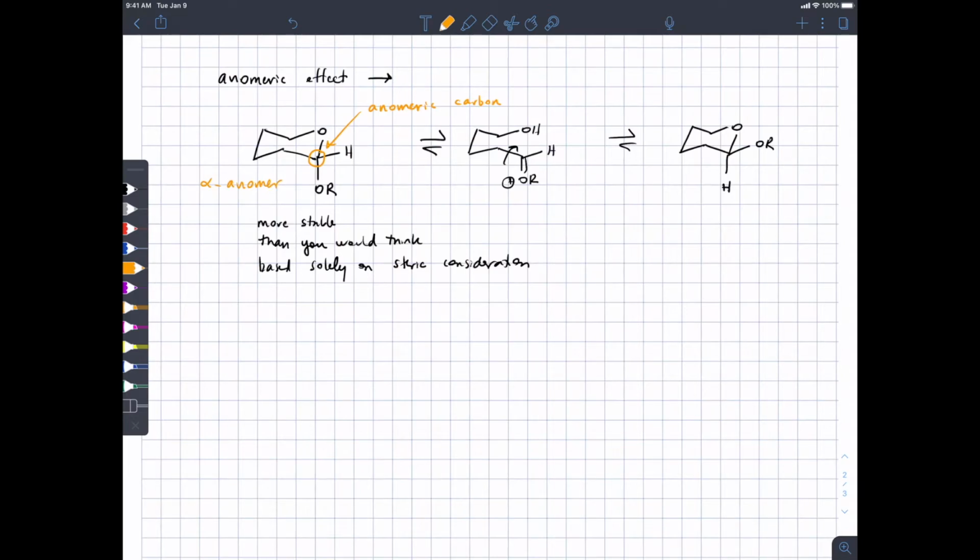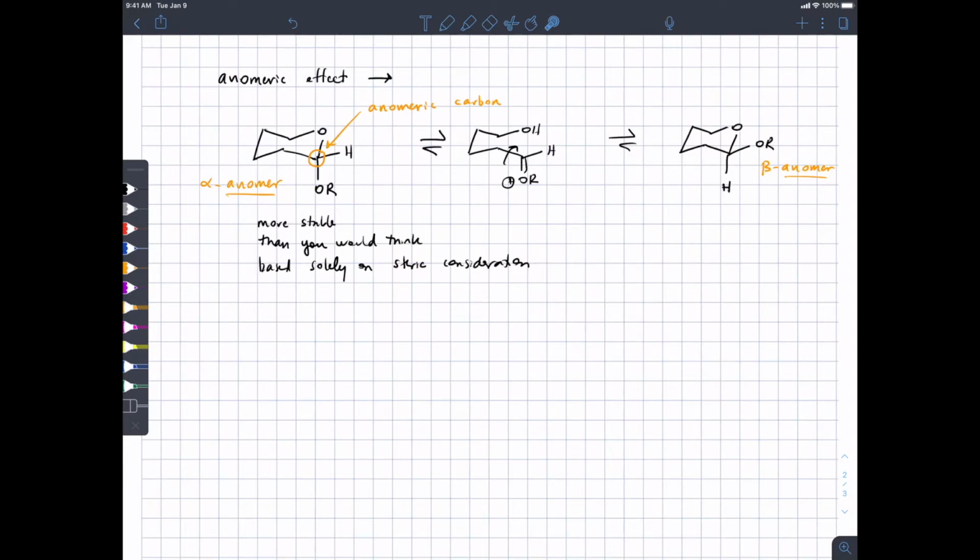And this one where the OR group is up, they will call the beta anomer. Where anomer is a term that's used to describe two isomers that differ in configuration at that anomeric carbon. In this case, they would be enantiomers of each other. If we had other stereocenters, they'd be diastereomers.